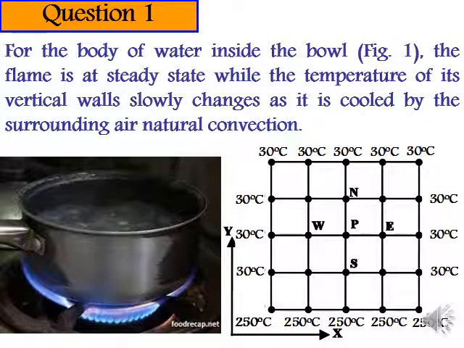So we can imagine that conduction will set the rate of variation of the water temperatures to be faster than the rate of variation of the vessel wall temperatures, because vessel wall temperatures are cooled by a slow process while the water is heated by a faster and stronger process.